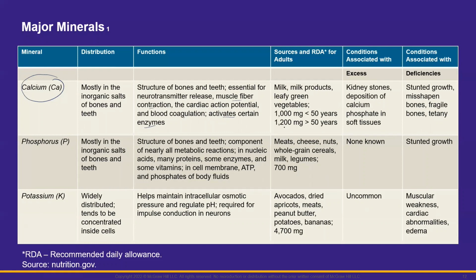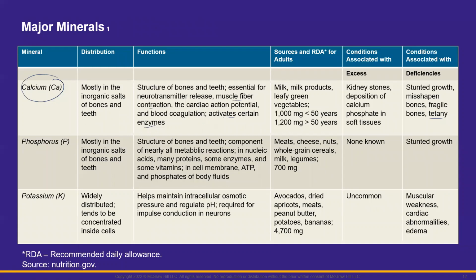Required about 1,000 milligrams per day, or 1,200 milligrams per day for older people. Excess can cause kidney stones, deposition of calcium phosphate in soft tissue. Deficiency: stunted growth, misshapen bone, fragile bone, and muscle tetany.